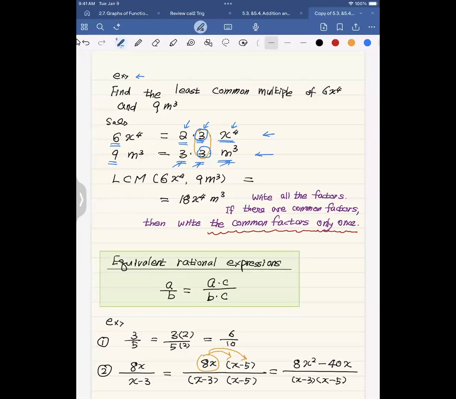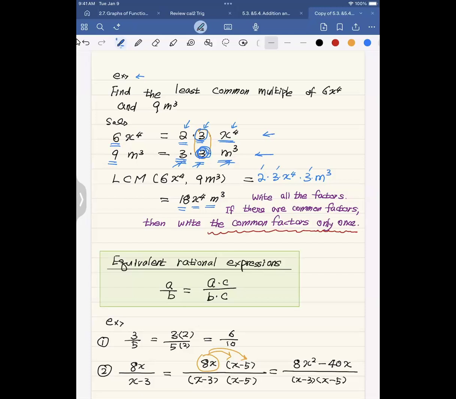So I would write 2 and 3 and x to the fourth power, and we have 3, but 3 appears twice, so I will not write this 3 again, and I will write m cubed. When we multiply all these numbers, we will get 18, and then x to the fourth power times m cubed.